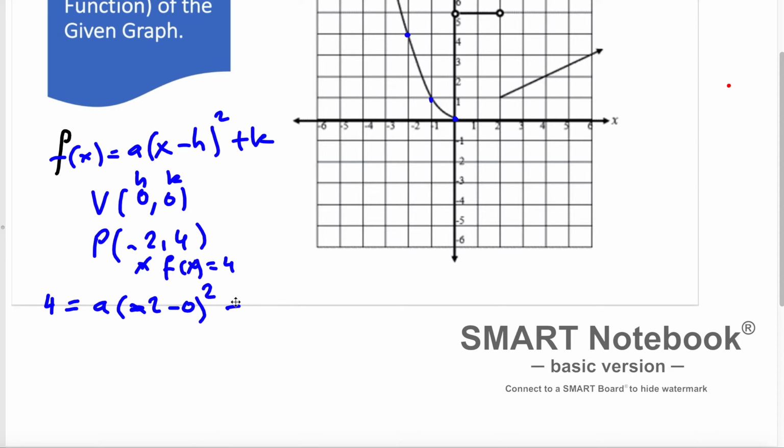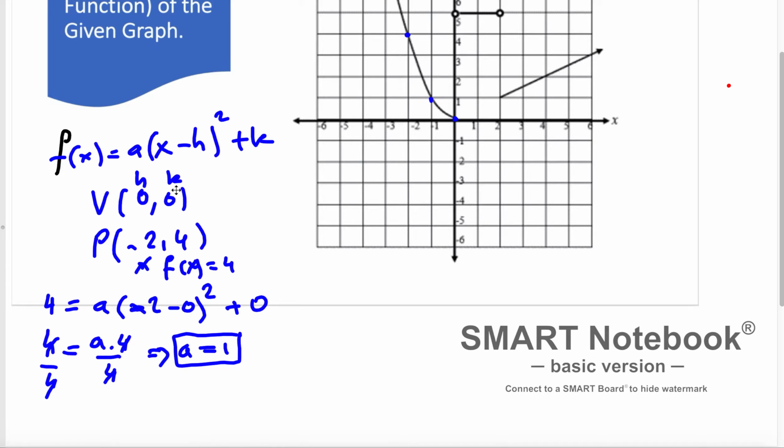Instead of k, plus k is, as I see here, 0. Now we have 4 equals a times minus 2 minus 0, which is minus 2, and minus 2 squared is positive 4, times a, plus 0. So 4 equals 4 times a. If we divide both sides by 4, a is equal to 1.